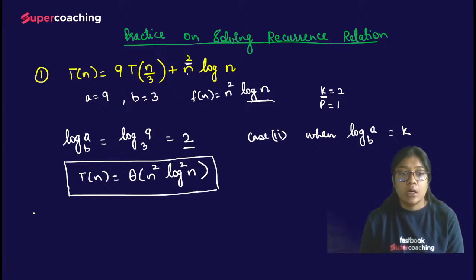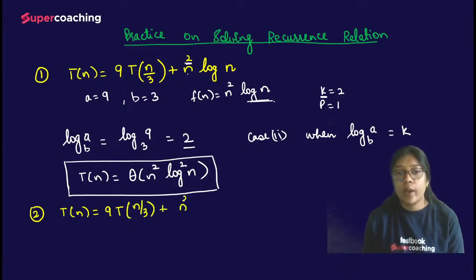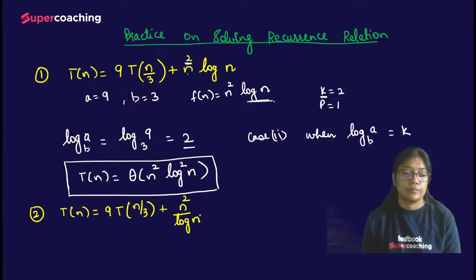Next one, I'm just modifying this function: t of n is equal to 9t of n by 3 plus n square by log n. It's n square by log n. So this is also case 2.